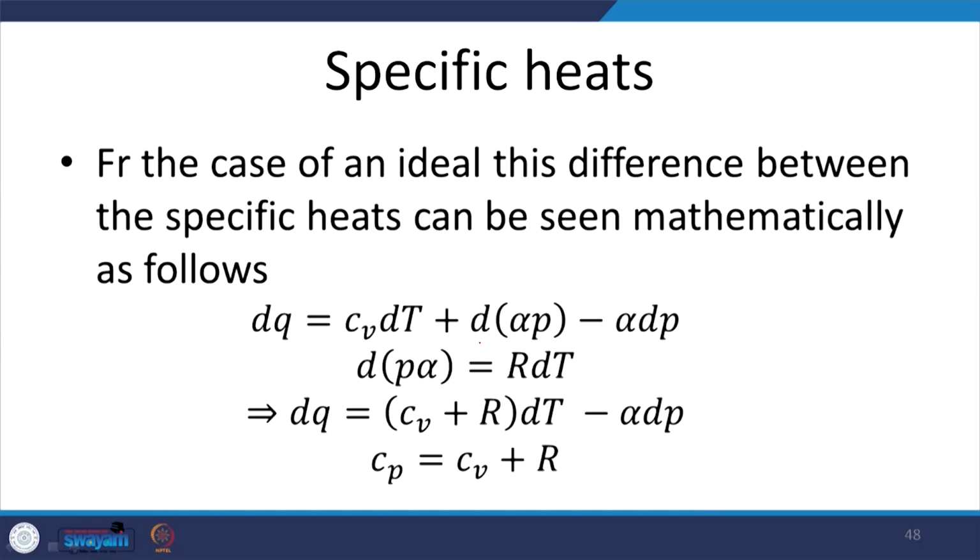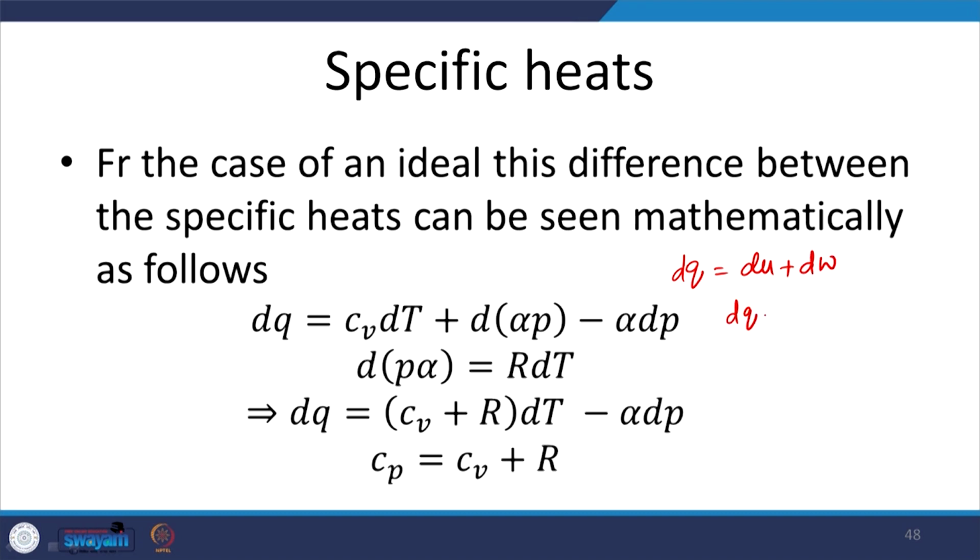right. So, for the case of an ideal gas, the difference between the specific heats is something we use so many times in our calculations, right. So, for the case of ideal gas, the difference between the specific heats can be simply calculated. So, dq is equal to du plus dw, right.